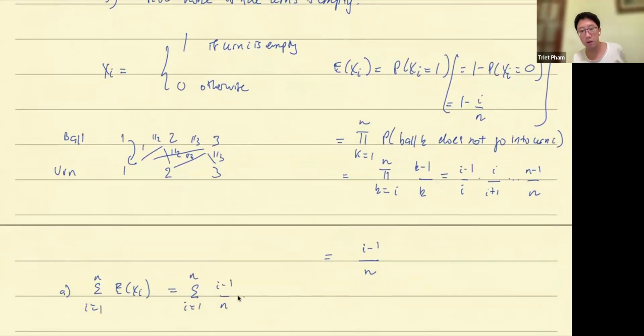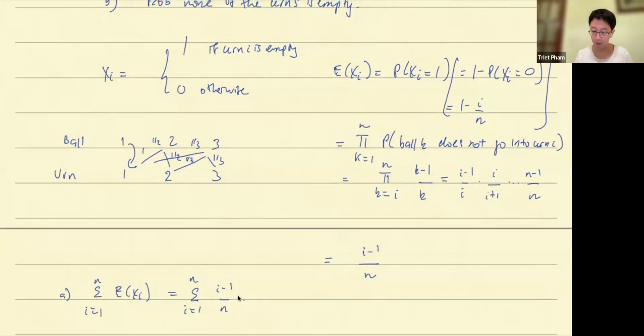You can write down n times n plus 1 over 2, and so on. We don't need to simplify this. We can, but whatever. All right, any question?